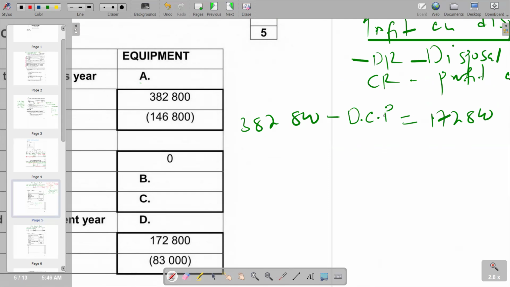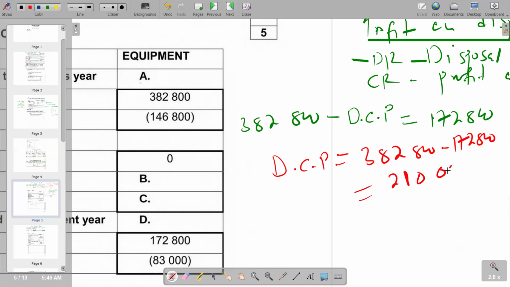And from there, we can now make disposal at cost price. The formula for disposal at cost price is 382,800 minus 172,800. So calculate it like that, you're going to get 210,000. So this becomes the cost of the disposed non-current asset.